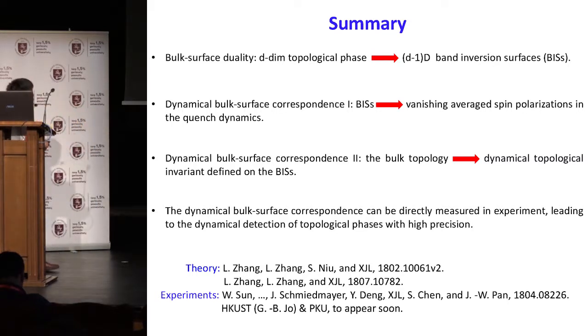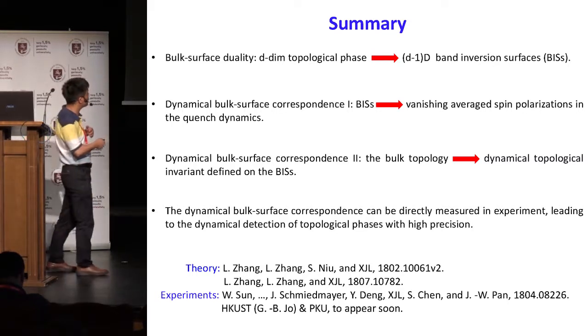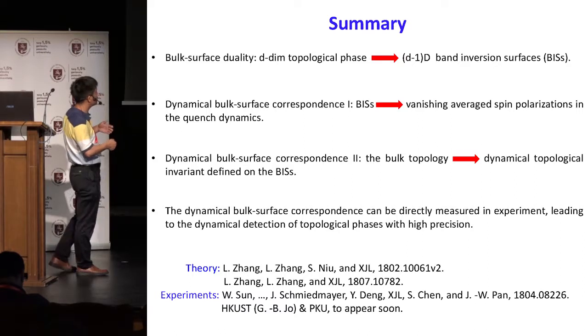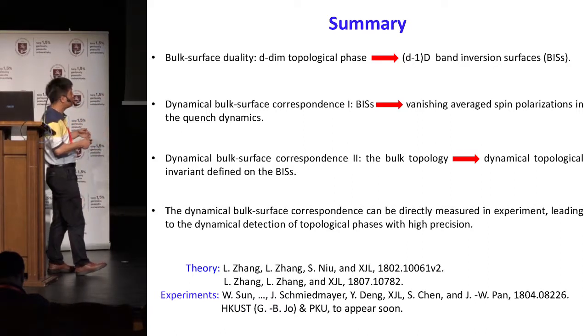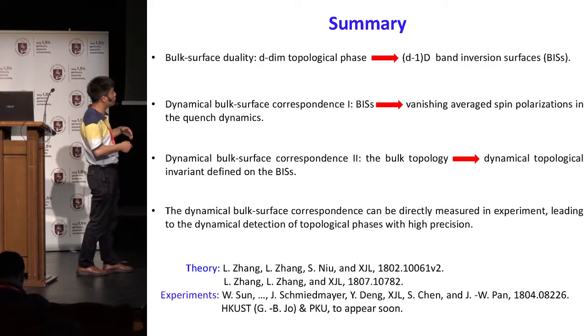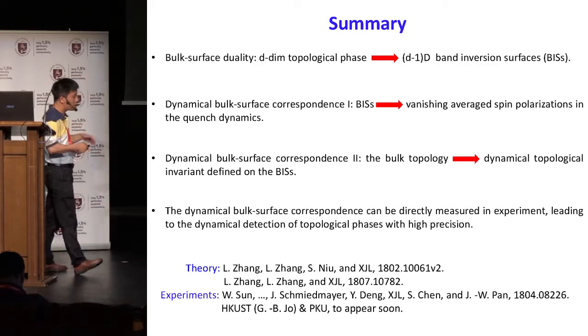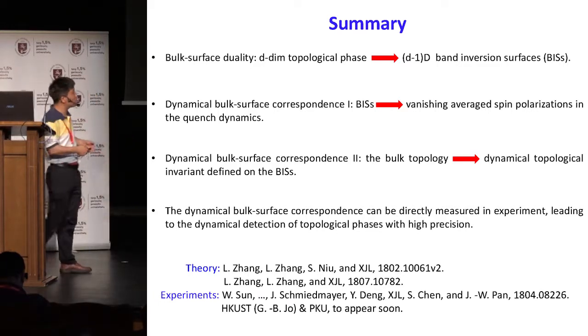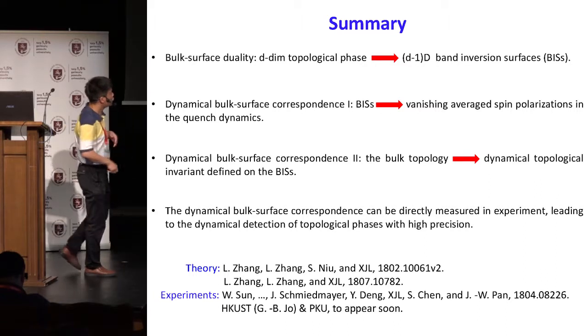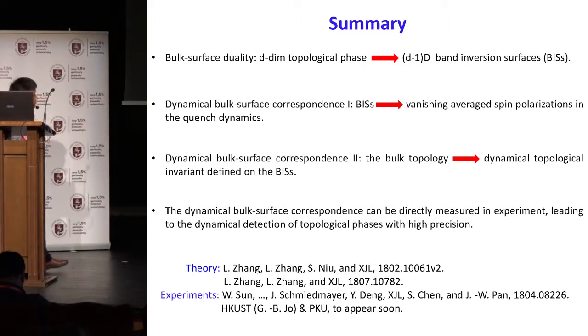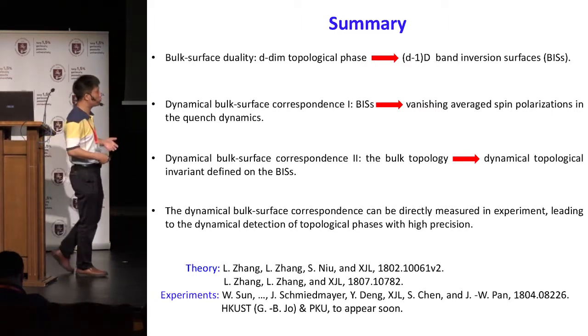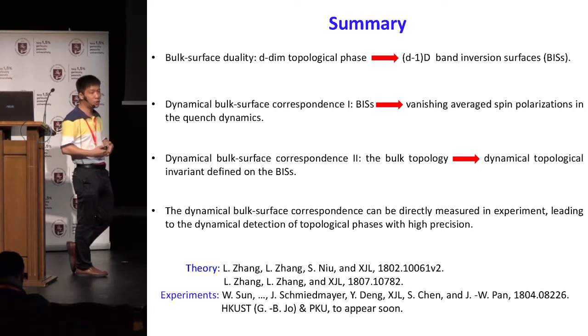This kind of dynamic classification gives rise to experimental schemes resulting in high precision measurement of the topological phase diagram. So this gives you the advantage of precisely determining the topology of the Hamiltonians.